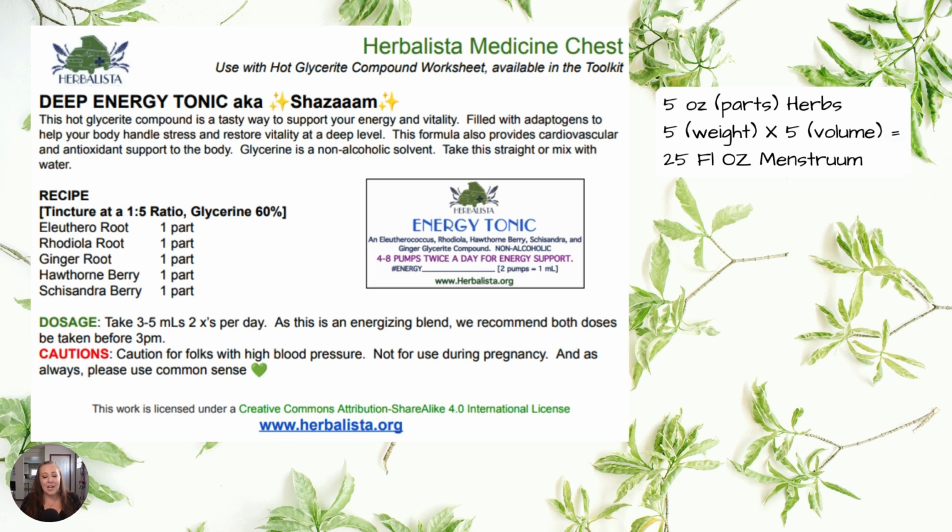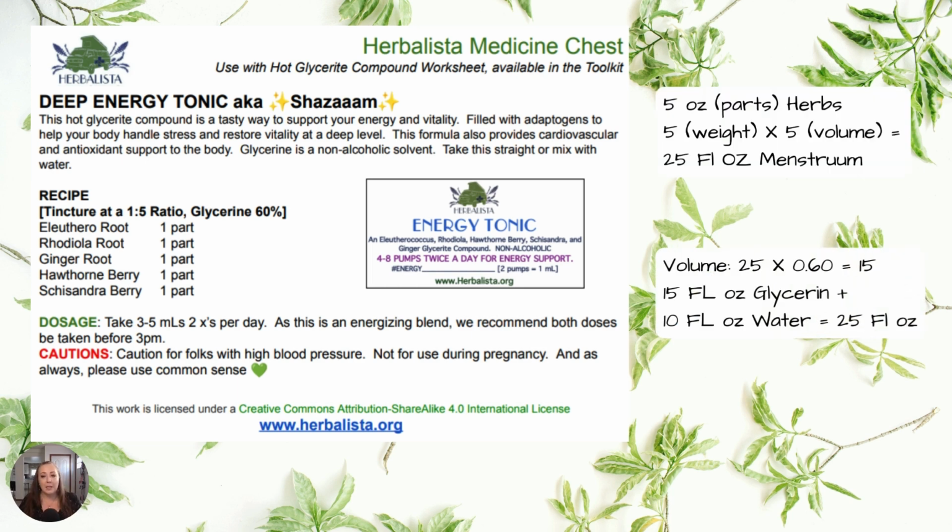So that means that we have 5 ounces or parts of herbs. So we would take 5, which is our weight, multiply that by 5, which is our volume. So we would need 25 fluid ounces of menstruum. So under this particular formulation, it is saying 60% glycerin.